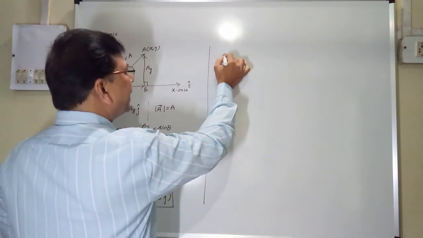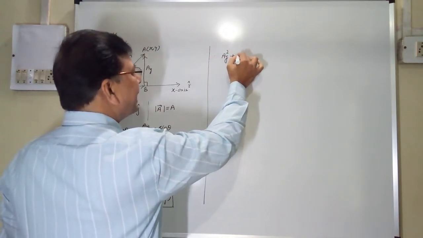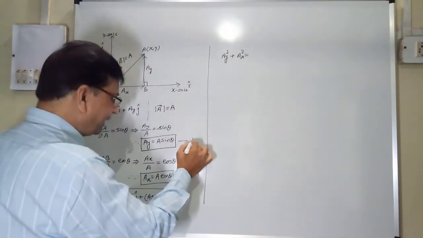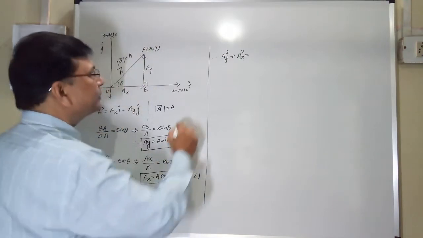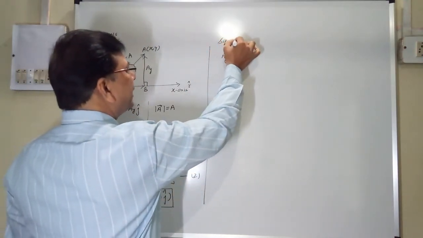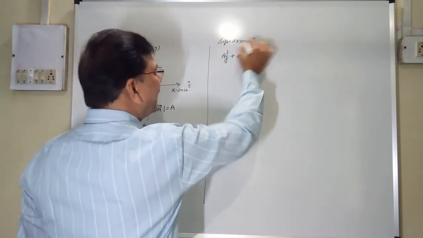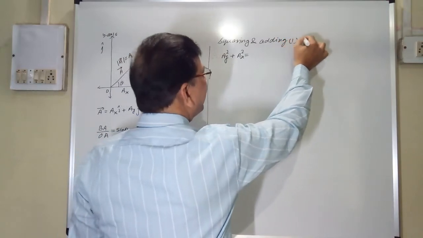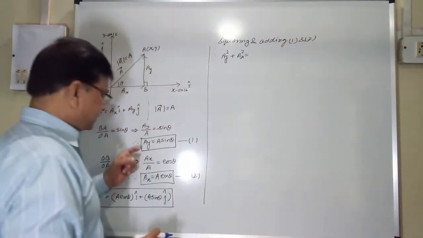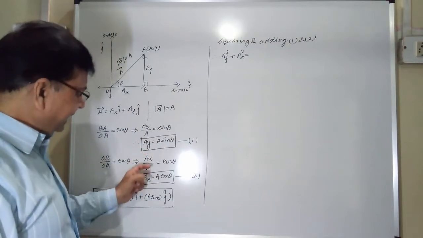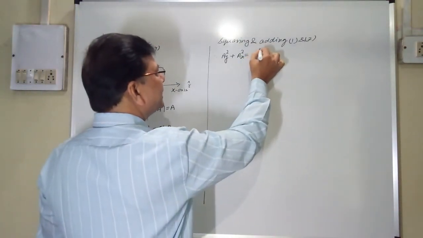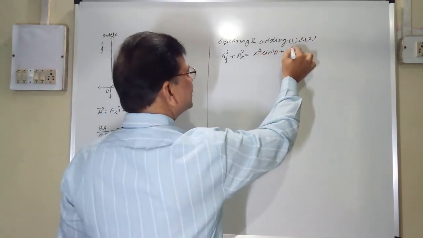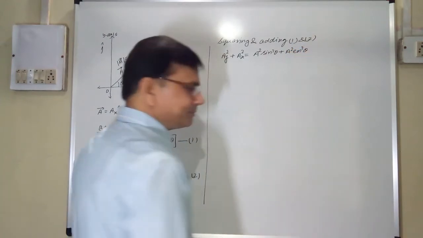Therefore, AY square plus AX square. If you are squaring, this is 1 and this is 2. So squaring and adding 1 and 2, AY square plus AX square is equal to A square sine square theta plus A square cos square theta.